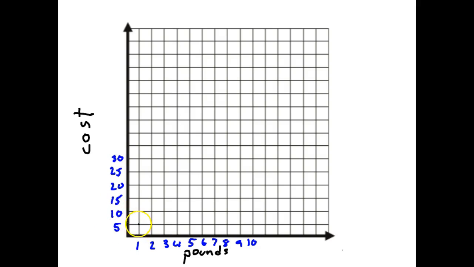We had 1 pound was $5, 2 pounds was $10, 3 pounds 15. And then just like we did on the table, now you can see a pattern with our plots and just keep on going. There we go. And technically this will keep on going forever. We can take this up to $50 and take this up to 15 pounds if we wanted to.